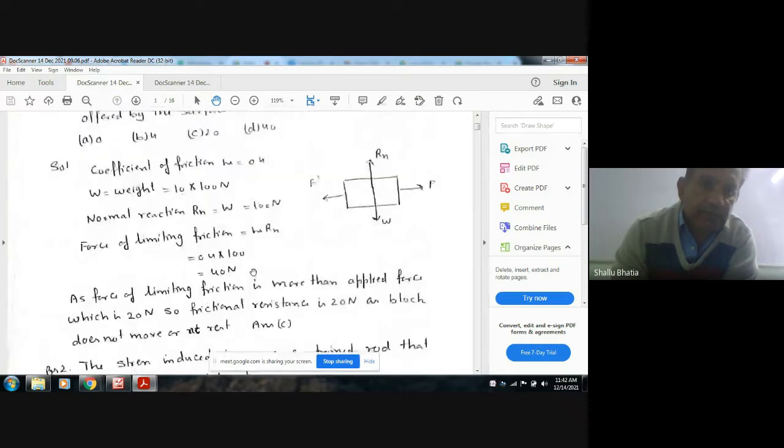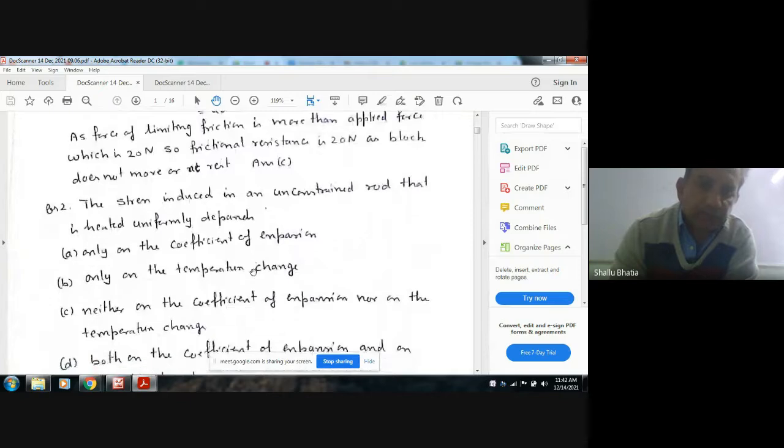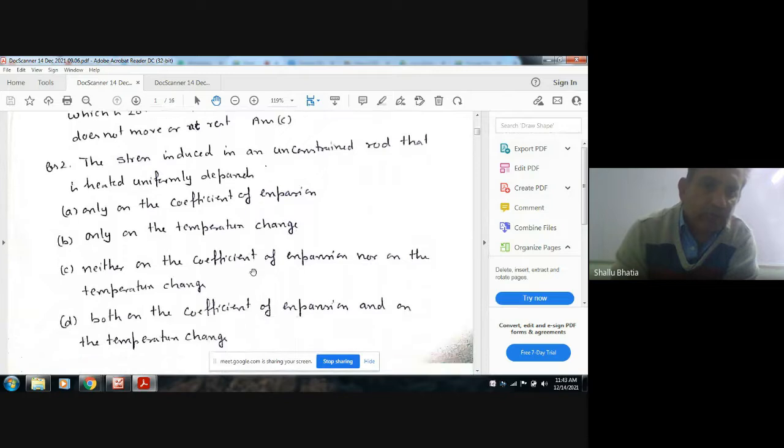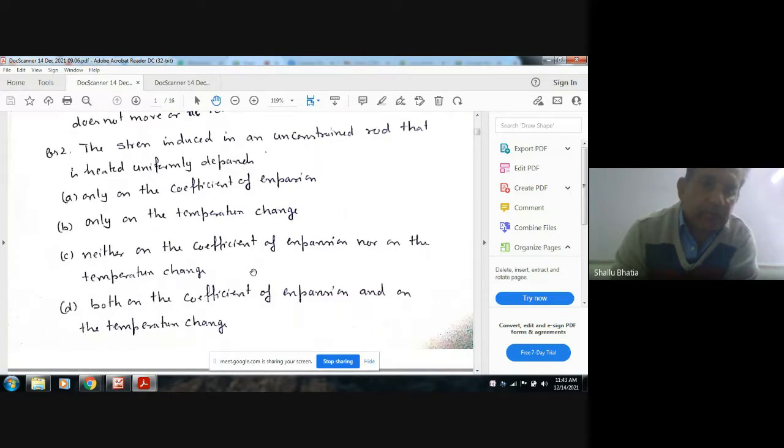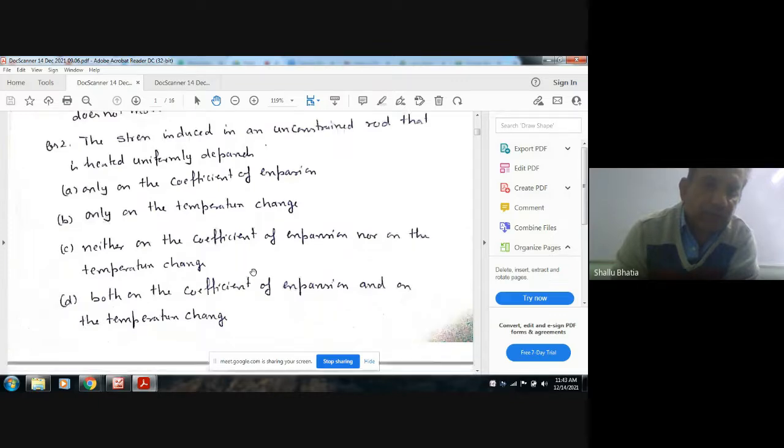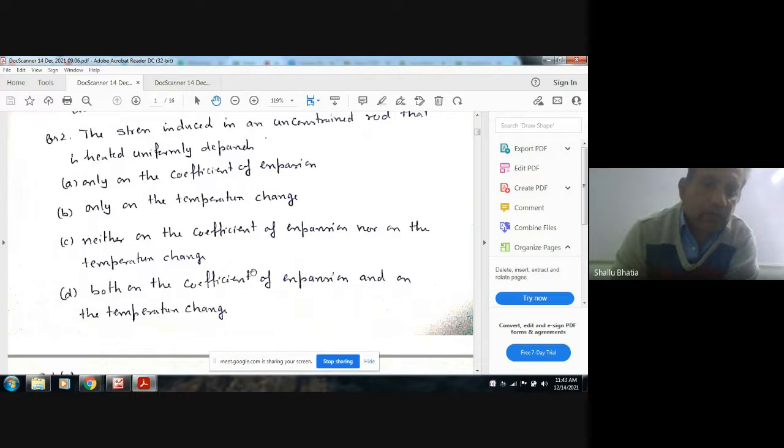Next, the stress induced in an unconstrained rod that is heated uniformly depends: option A, only on the coefficient of expansion; B, only on the temperature change; C, neither on the coefficient of expansion nor on the temperature change; D, both on the coefficient of expansion and on temperature change.